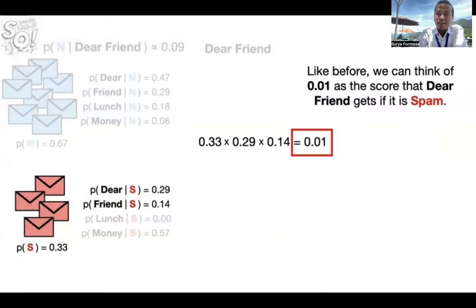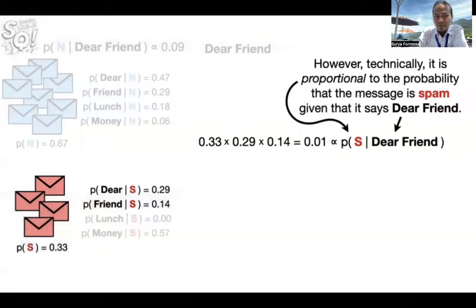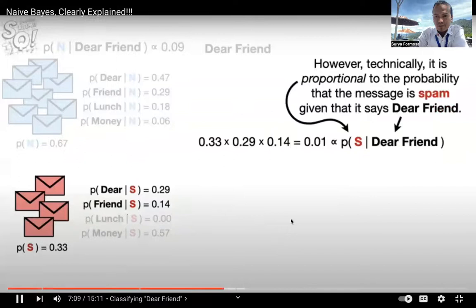So we can compare these scores. Technically, it is proportional to the probability that the message is spam, given that it says dear friend. So the probability is 0.01.